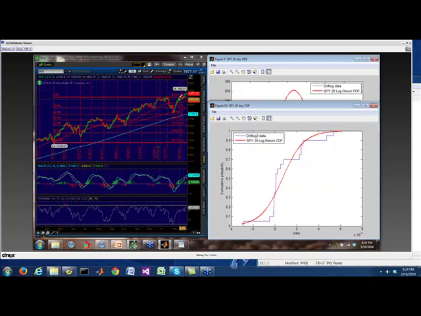But the question is what is the number of contracts in the option market for puts and calls around the 1,900? If there's more puts than calls, then there is a lot of fear that it's not going to go above the 1,900.